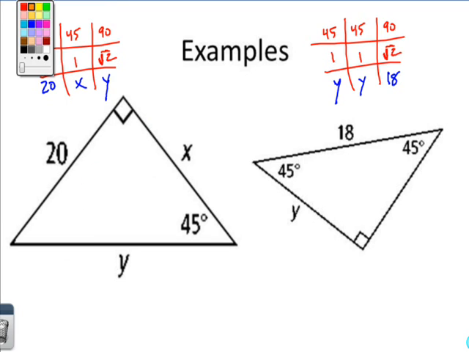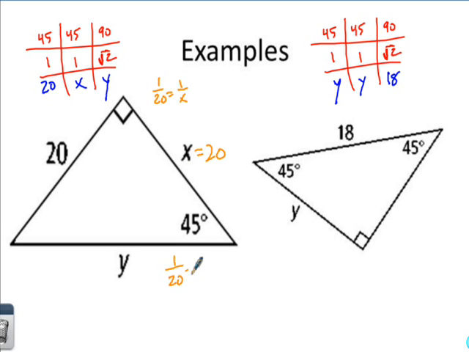I can say that 1 over 20 equals 1 over x. Well, if 1 over 20 equals 1 over x, then x has to equal 20. No problem. I can also say that 1 over 20 equals square root of 2 over y, and then I can just cross multiply. Y times 1 is y, and 20 times square root of 2 is just 20 times the square root of 2. And there are my answers.